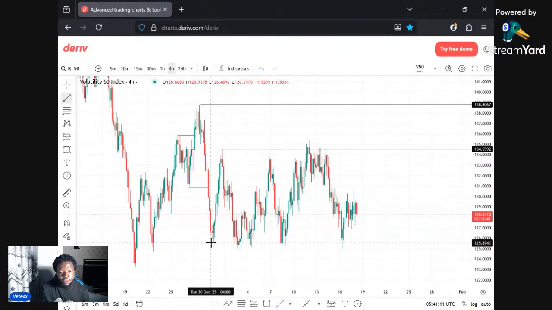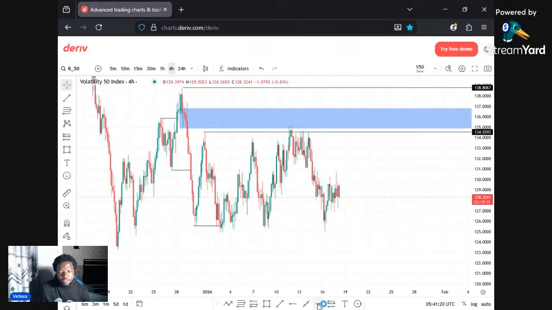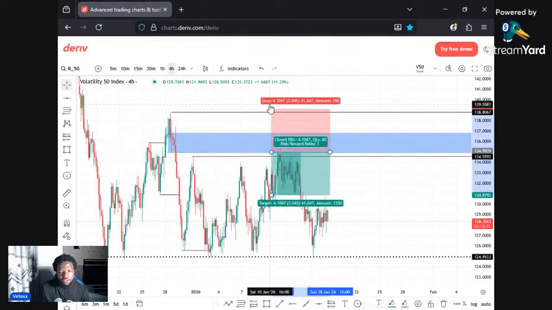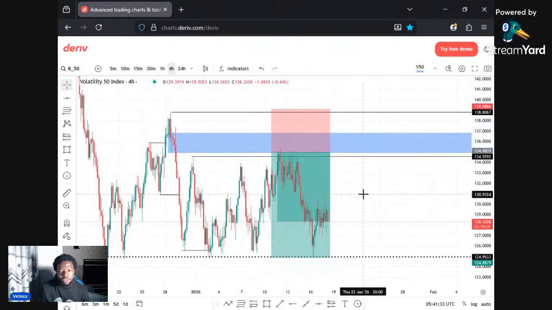And then we have our second break of structure here. So the whole of this zone is our POI. The target is here. As you can see, price took out a structural liquidity and it sold to this target.